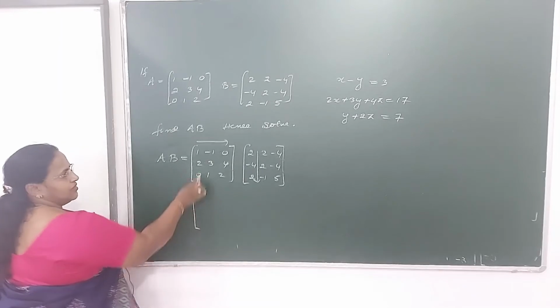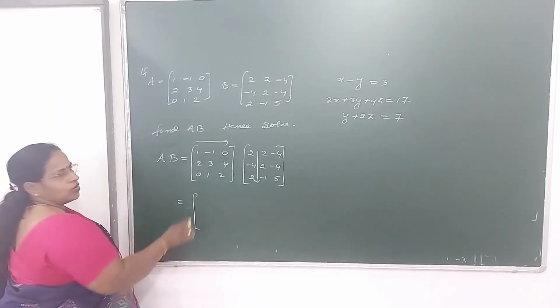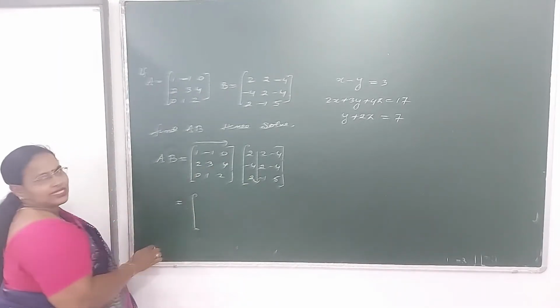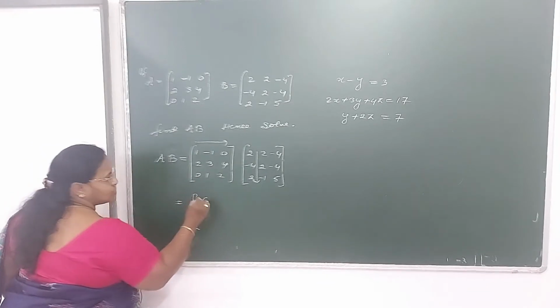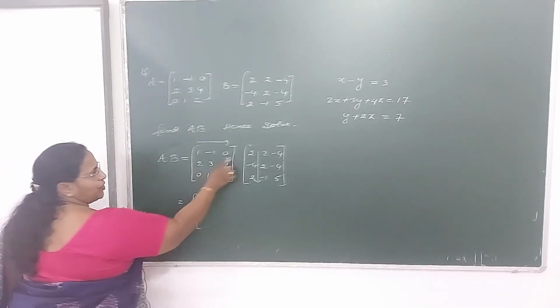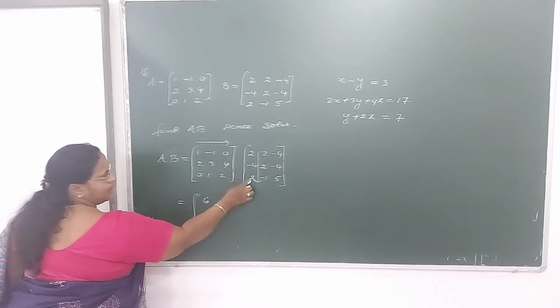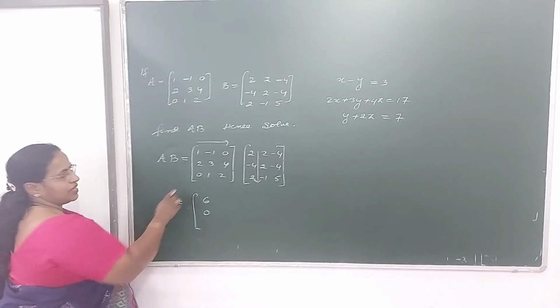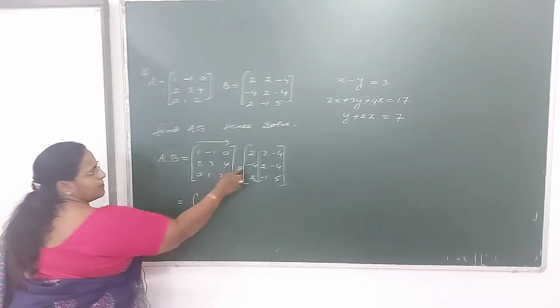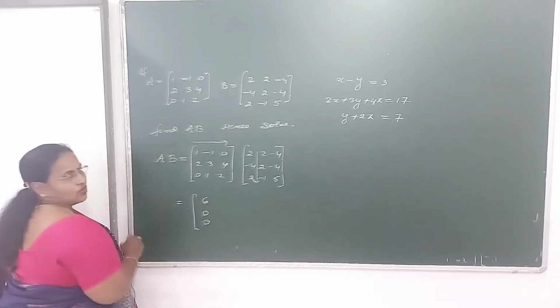Okay, fine. So it's 1 into 2 is 2, 2 plus 4 is 6 plus 0, so it comes to 6. 2 into 2 is 4, 4 minus 12 minus 8 plus 8, it's 0. This is 0. Minus 4 plus 4, this is 0.